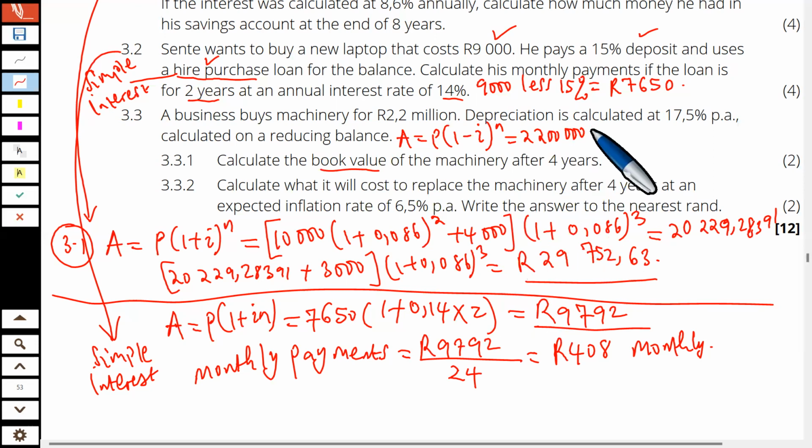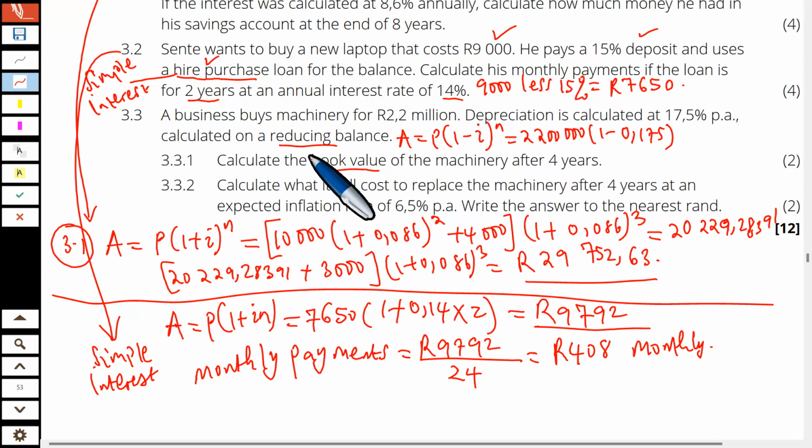And then it is into 1 minus, because it's the reducing balance. So there's a reduction, so you have a minus. Now the 17.5%, you divide by 100, which is 0.175, raised to the power.